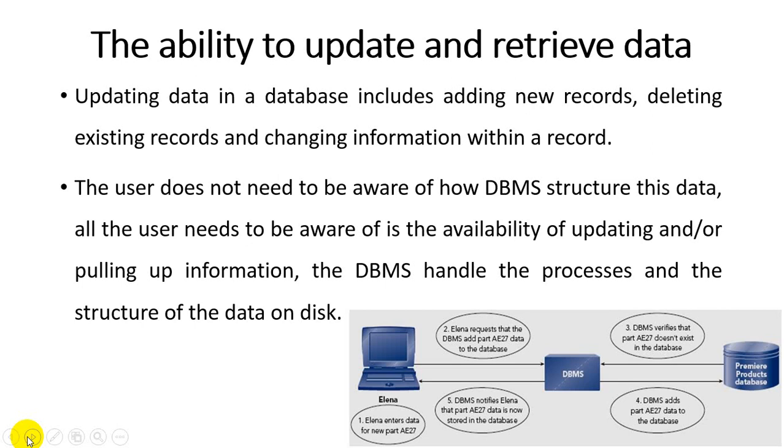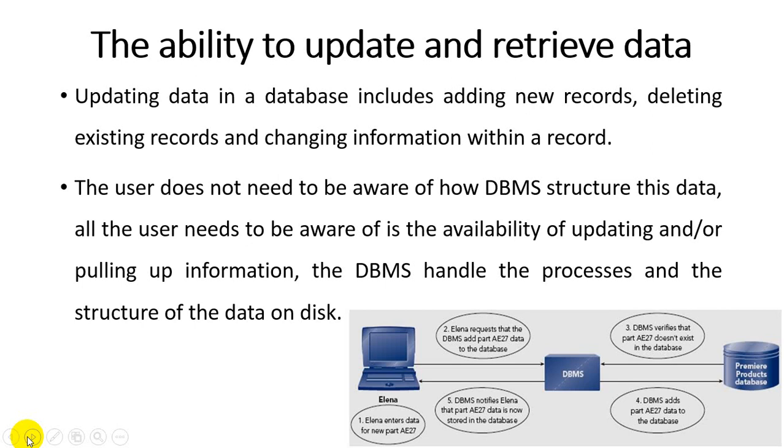In the first point, updating data in a database includes adding new records, deleting existing records, and changing information within a record. If someone says the database performs updating of information, it means they are inserting some records, deleting some records, and if the user wants to update particular information, the database also provides the facility to update information which is already stored.